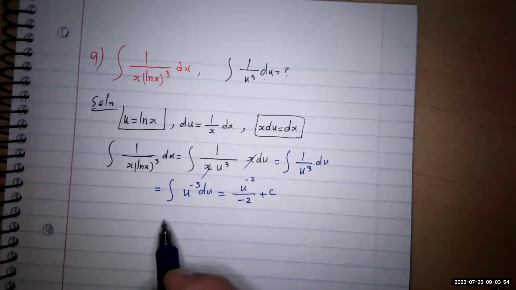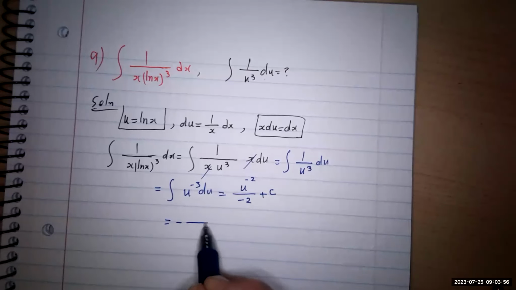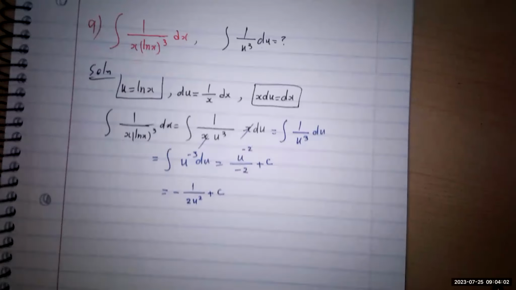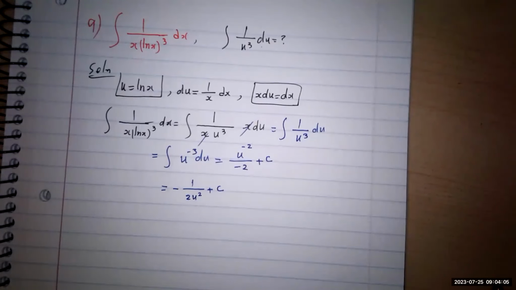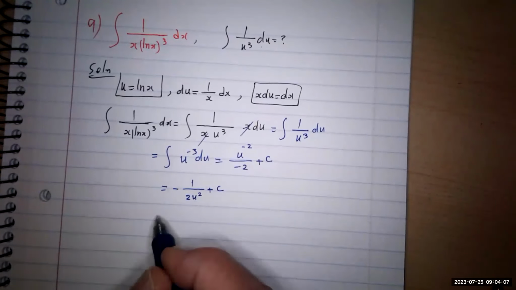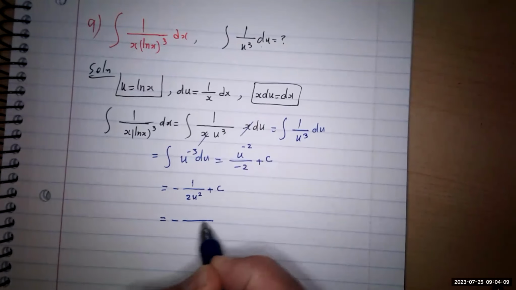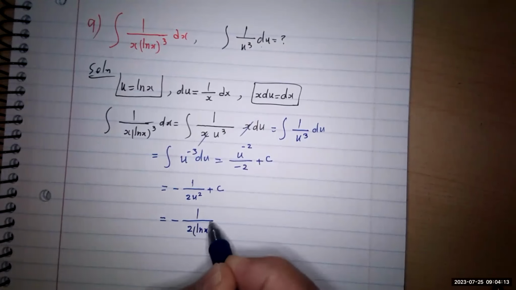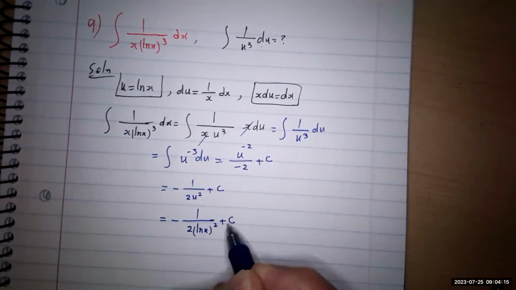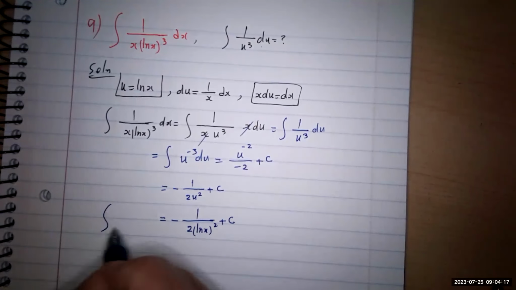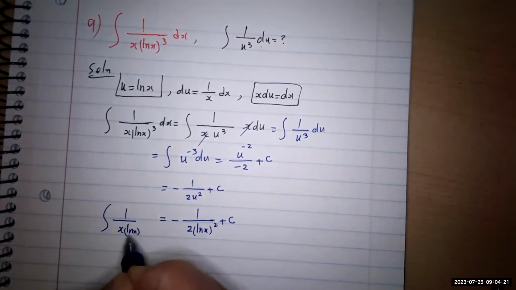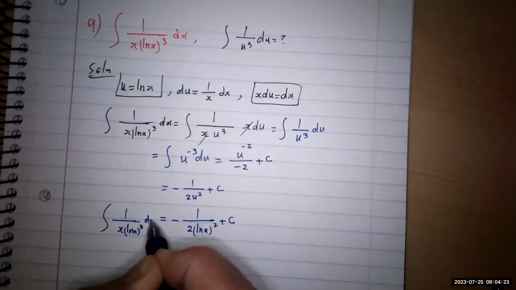You see the powers, it's going to be just a negative sign, 1 over 2u squared plus c. Now you substitute for u. U is ln x. So it's going to be negative 1 over 2 (ln x) all squared plus the constant c. So that would be the final answer for the integral of 1 over x (ln x) cubed dx.